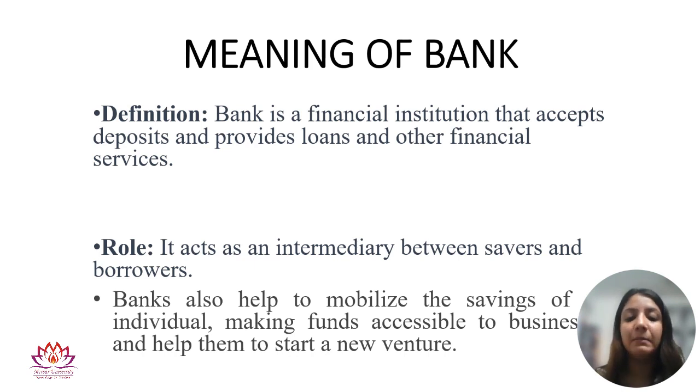Banks also help to mobilize the savings of individuals, making funds accessible to businesses and helping them start a new venture. So this is how banks mobilize the savings of the savers and make them accessible to the borrowers, or the persons who want to start a new venture or do something productive with that money. So this was the meaning of bank.